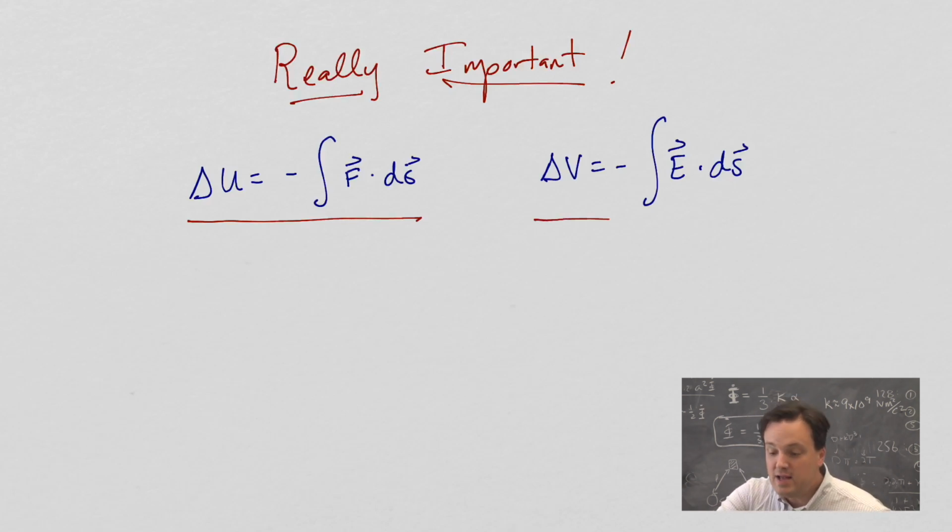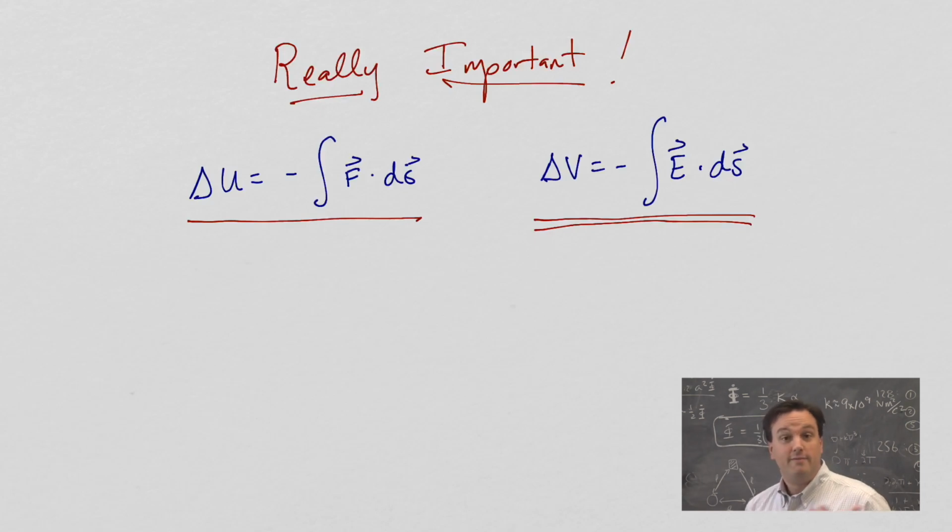The electric potential includes all of the same information except that final charge. It says, what is the property of space at this location that will eventually allow me to calculate the electric potential energy associated with this charge distribution.